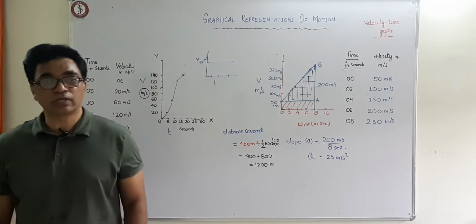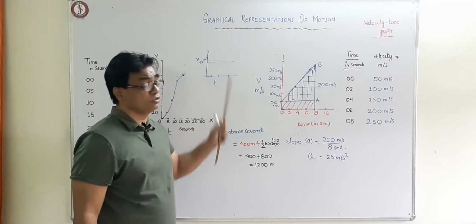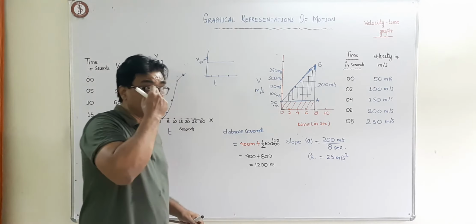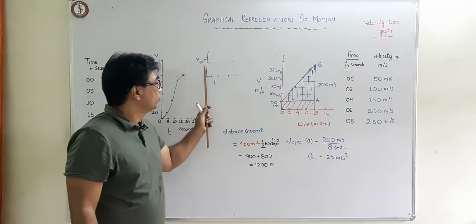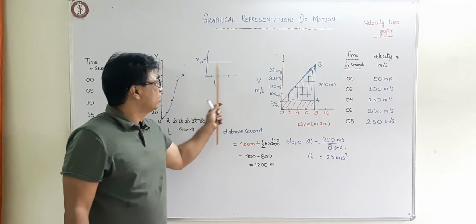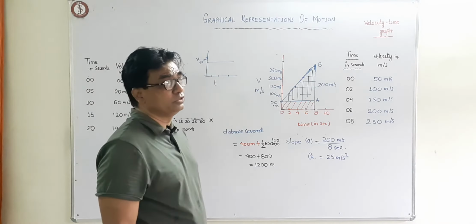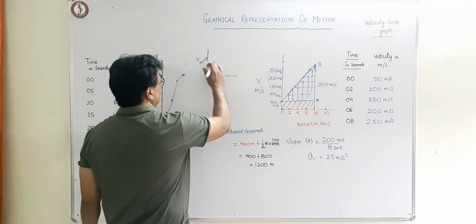That means what is the type of graph? The body is moving with uniform velocity, and if you have to use the term acceleration, then the body is moving with zero acceleration. When in a velocity time graph there is a line parallel to the time axis, the body is not changing its speed.